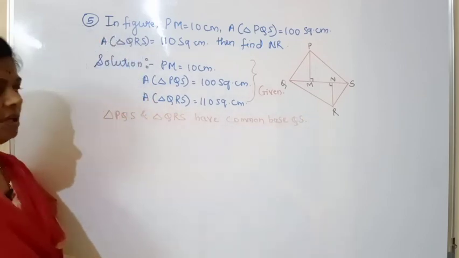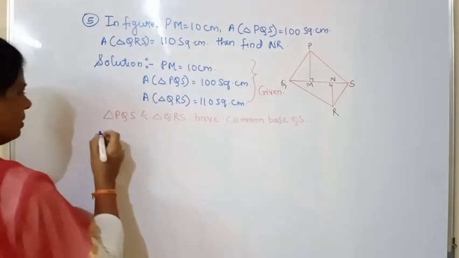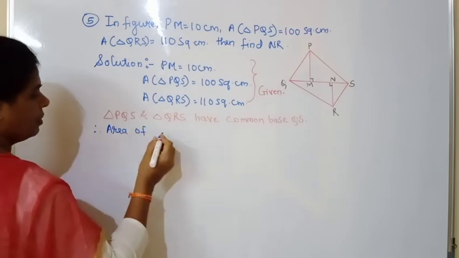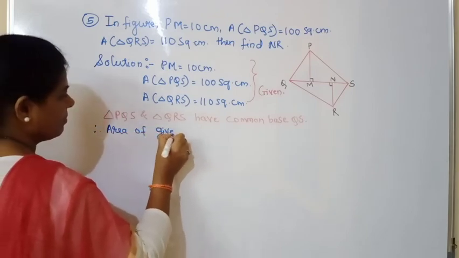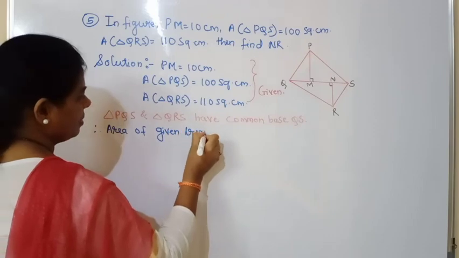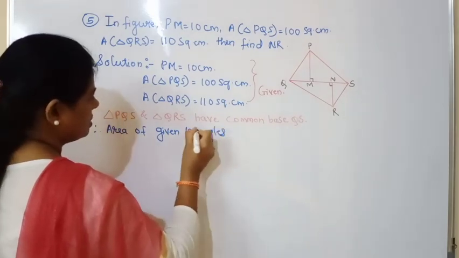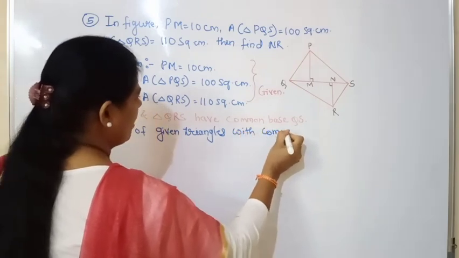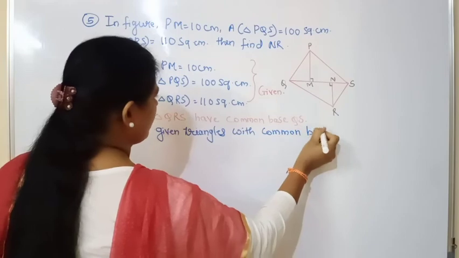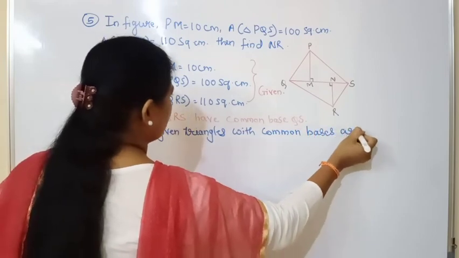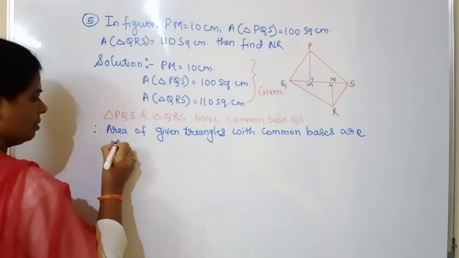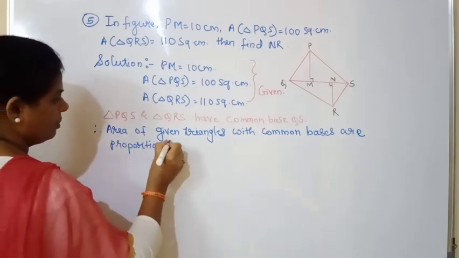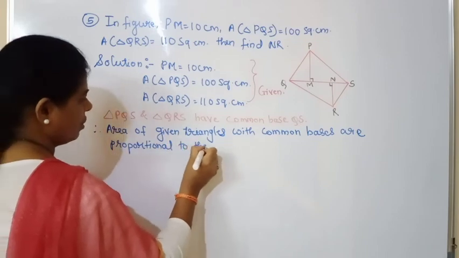The bases are common, therefore areas of given triangles having common bases are proportional to their corresponding heights.